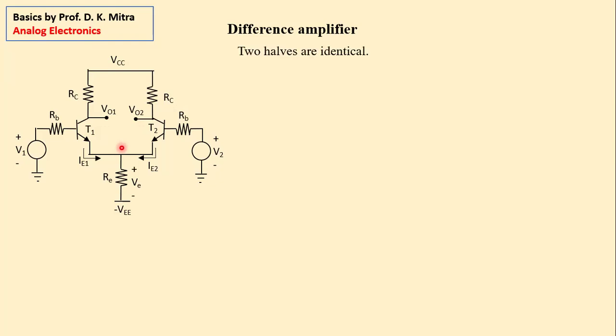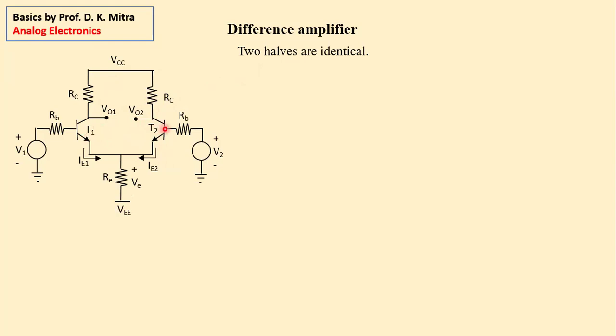Next, as I said, the 2 halves are identical, left half and right half are identical. Mind it, I should give a caution here. If you want to make a difference amplifier in your laboratory with 2 different transistors, you will not be very successful because there are no 2 transistors in this world which are 100% identical.